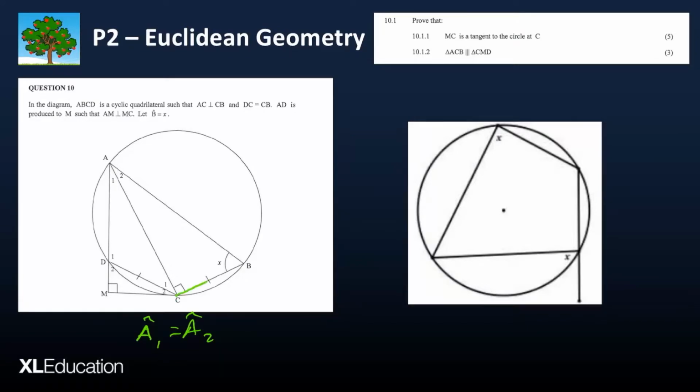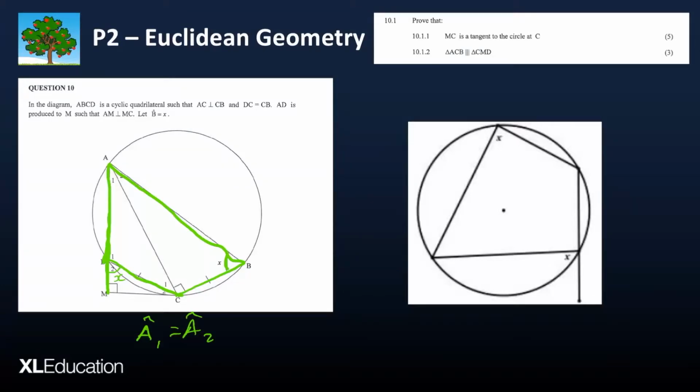The cyclic quad is A, B, C, D. That's a cyclic quad. And I want us to produce this so that we get an exterior angle. And we can see that this angle here is equal to this one. So we can say this is x.